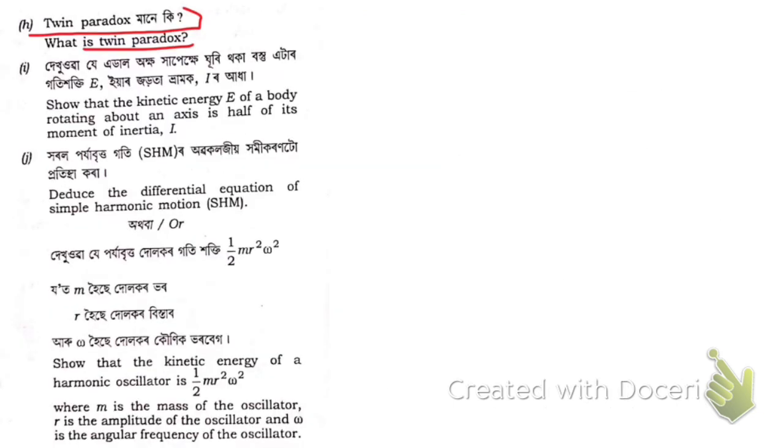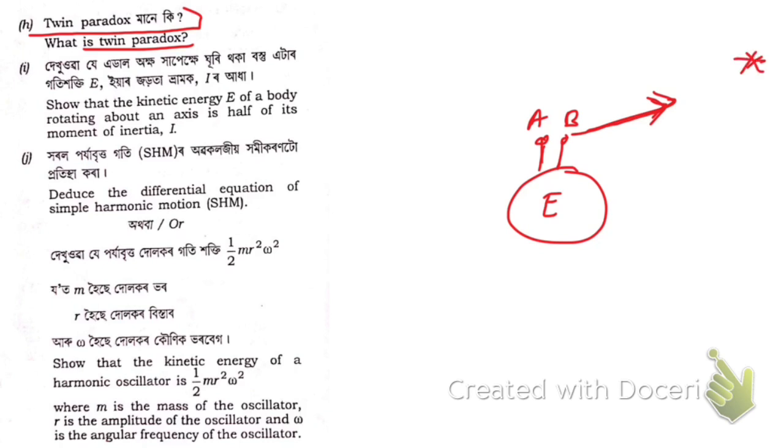In twin paradox, suppose this is the earth and A and B are twin brothers. B is traveling with a speed which is very close to the speed of light, to another planet in space, with a speed close to light but less than light, let me consider that way.